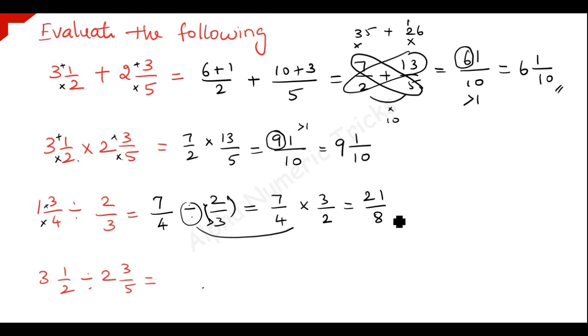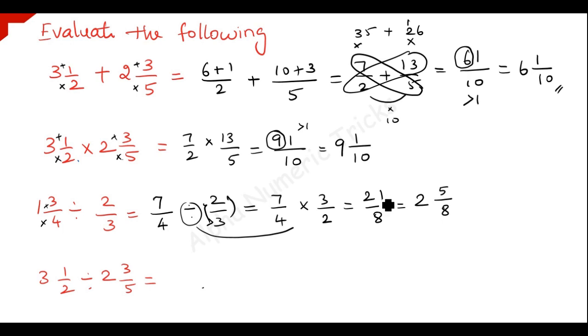Okay, 21 over 8 we have, so here we have to write this as how many times of 8: 2 times 8 is equal to 16, and 16 plus 5 is 21, so we have 5 over 8.